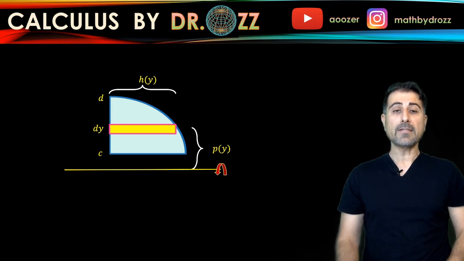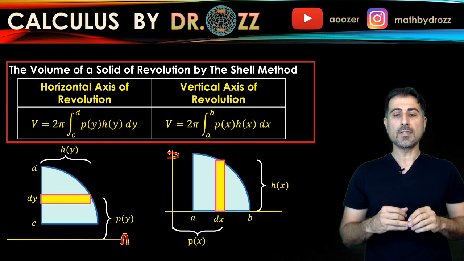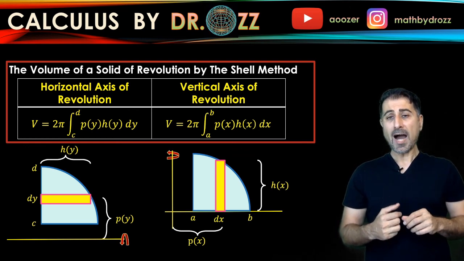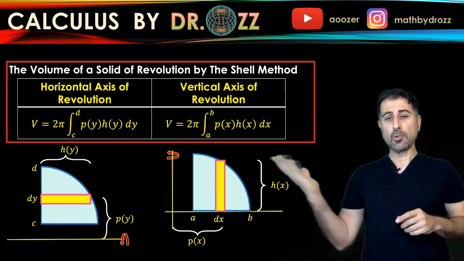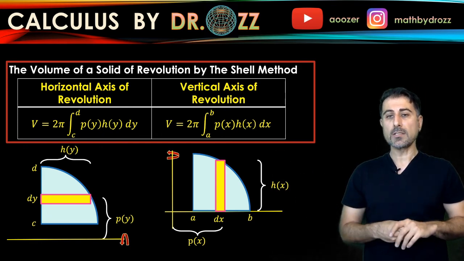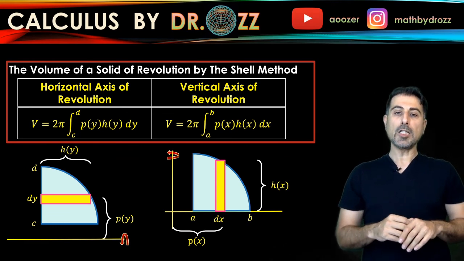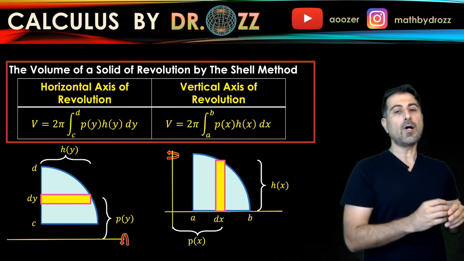So let's go back to the formula. Since the integral is about dy, we find the y range in the light blue region on the left corner. The y's range between c and d. So we write the volume integral as 2 pi times the integral from c to d of p of y, h of y, dy.